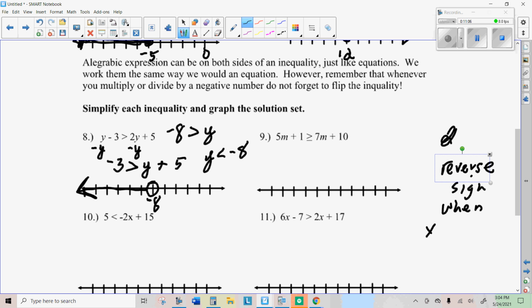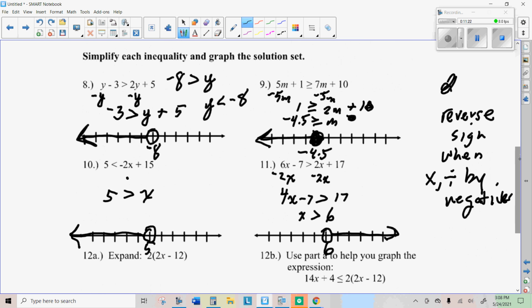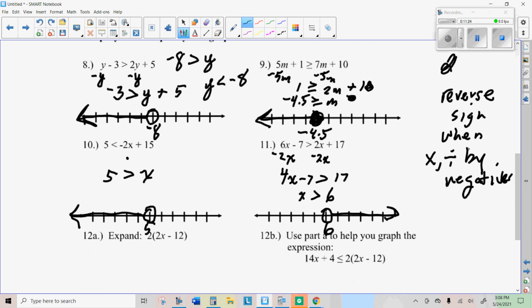All right, so go ahead and try 9, 10, 11. All right, did you remember to switch the sign? Like on this one, you had to divide by negative 2, so that would reverse the sign.